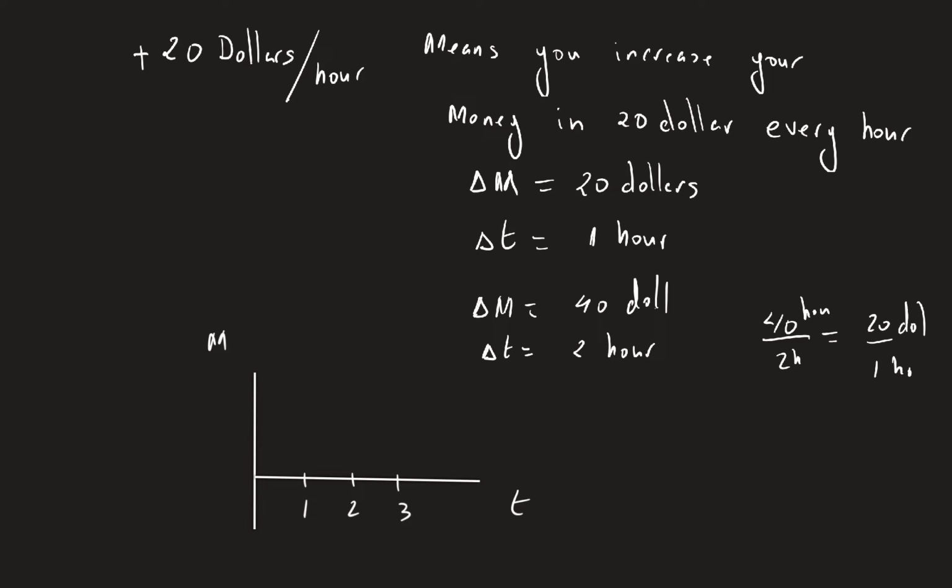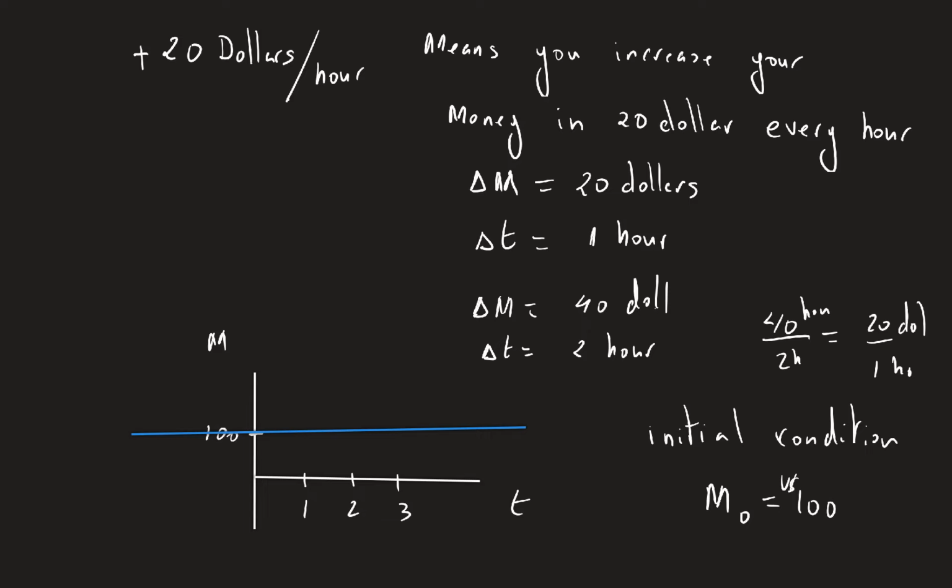Initial conditions means that you start, for example, at the level of your money, M0, $100. So at t equals 0, you are at the level of $100.